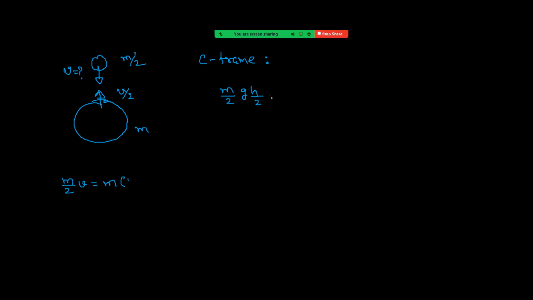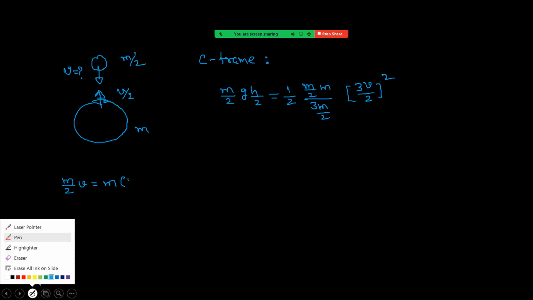This converts into kinetic energy for the system, that is half mu v relative square, where mu is m1 m2 by (m1 plus m2), which is m by 3 here. One is v downwards, other one is v by 2 upwards, so v relative is 3v by 2, whole square. Half mu v relative square. Directly, one single step.